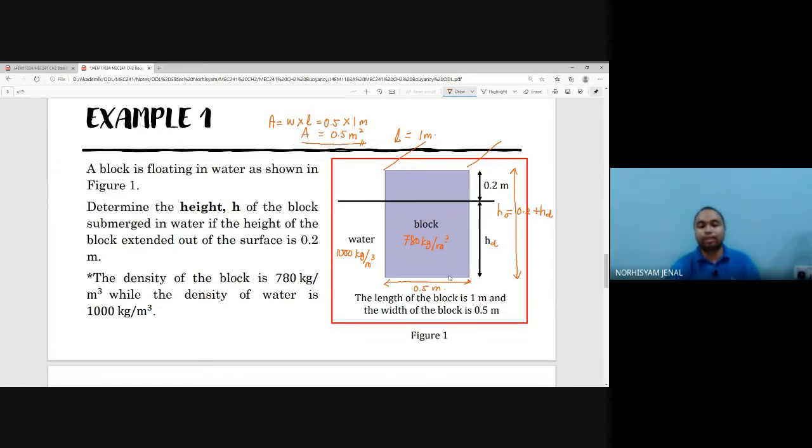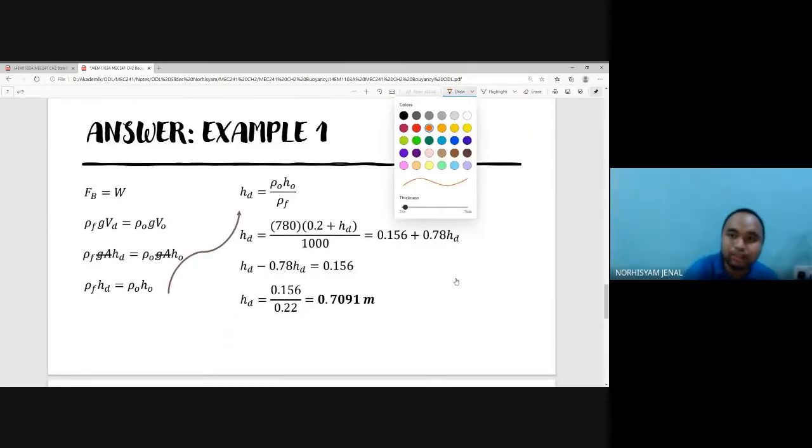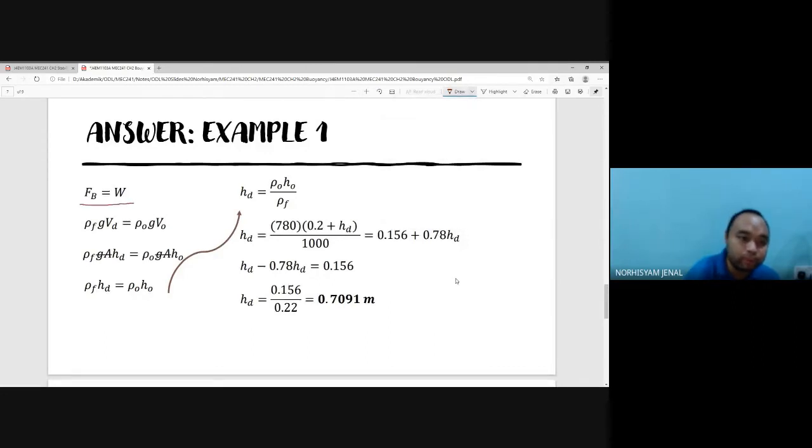Alright, to do the calculation, we just use the equation that we learned just now, which is FB equals W. If we open up the equation, FB is rho fluid, g, V displacement. W is rho object, g, V object. If we open up, VD is equal to area times HD, and VO is equal to area times HO.